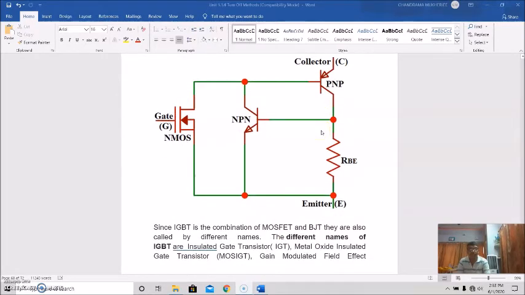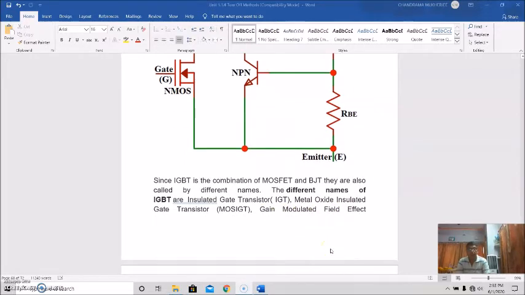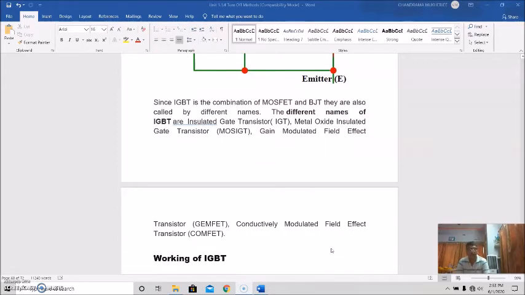Since it is a combination of MOSFET and BJT, it is also called by different names. The different names of IGBT are insulated gate transistor or IGT, metal oxide insulated gate transistor or MOS IGT, gain modulated field effect transistor or GEMFET, and conductively modulated field effect transistor or COMFET.